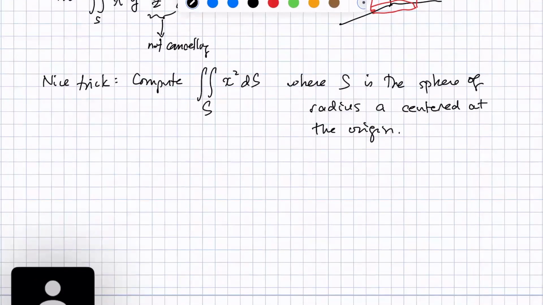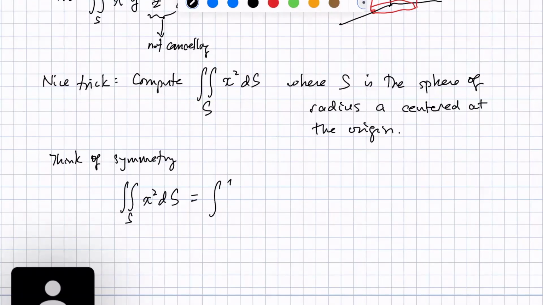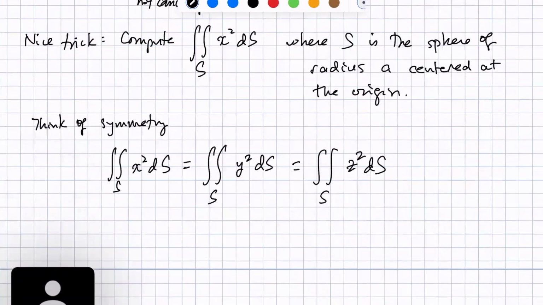If you just think about symmetry, on a sphere, the x, y, and z coordinates have all the same behavior. So there's every reason to believe that if I just replace an x with a y, I receive the same answer.